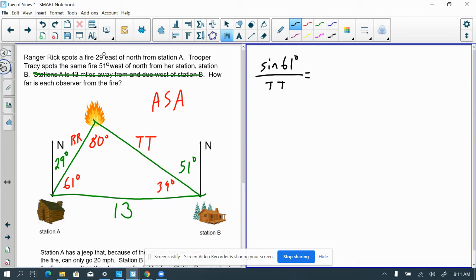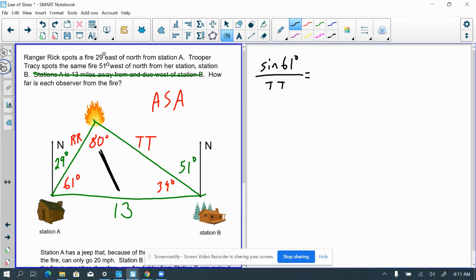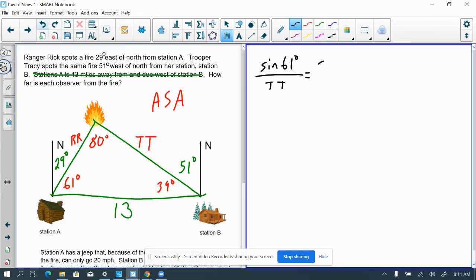I need at least one relationship, and this is the relationship I'm going to use because that's the only opposing relationship I actually have. So I'm going to set that equal to the sine of 80 degrees divided by 13. And I can cross multiply, so 13 times the sine of 61 degrees equals Trooper Tracy times the sine of 80, divide by the sine of 80.